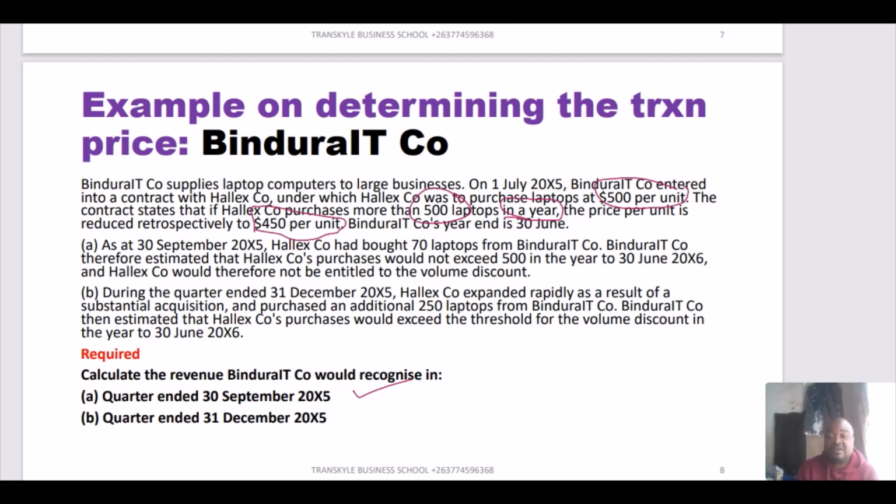By the end of the quarter ended 30 September 20x5, you can see that Halex Co could not show evidence that they will exceed the 500 laptops threshold. So in that case, we are only going to recognize the revenue as 70 laptops multiplied by the full figure of $500, and in this case we are going to recognize 35,000.